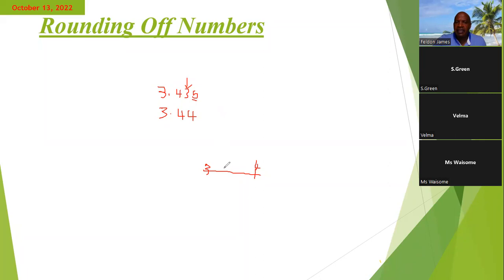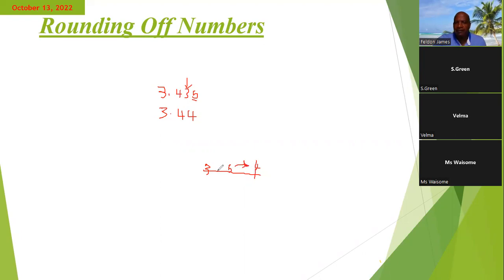Now, we are saying that if it is 5, we are going to assume that we can round it up to 4, because once you have half or more, you are closer to the 4.